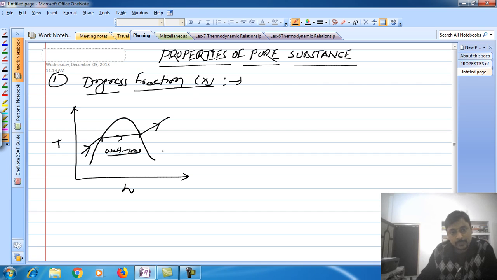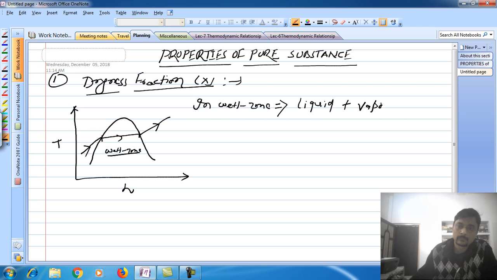In the wet zone, there will be a combination of liquid and vapor. Let us suppose this is our point of discussion, point 1. I'm going to discuss the dryness fraction at point 1.